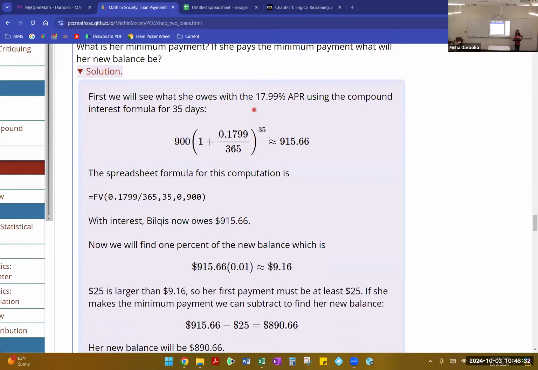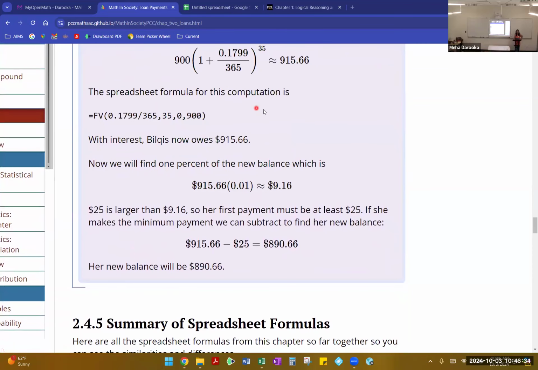So now we have to figure out what that 1% is going to be. Our balance after we applied the APR is $915.66, and 1% of that comes out to $9.16. So obviously the minimum payment will be $25 instead of $9.16 because that's the larger amount. So Bilkis will need to make a payment of $25.